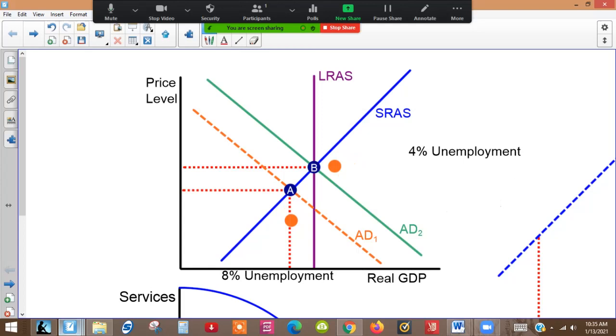So I just wanted to point out that no matter what policy the government chooses, there's always going to be winners and there's almost always going to be losers. Okay, so that's problem number one for your quiz.